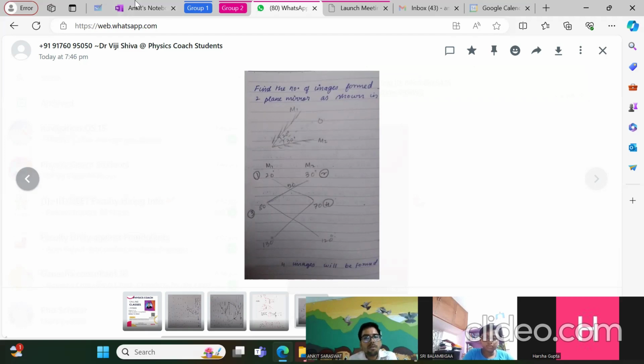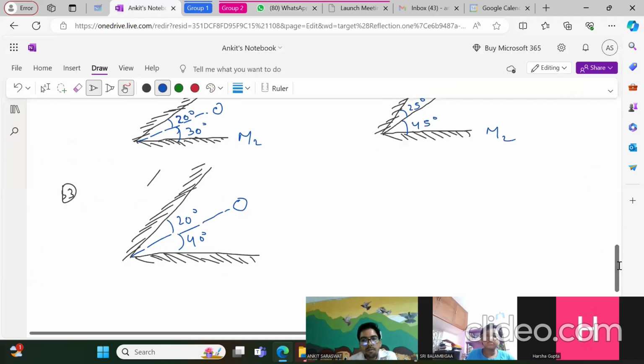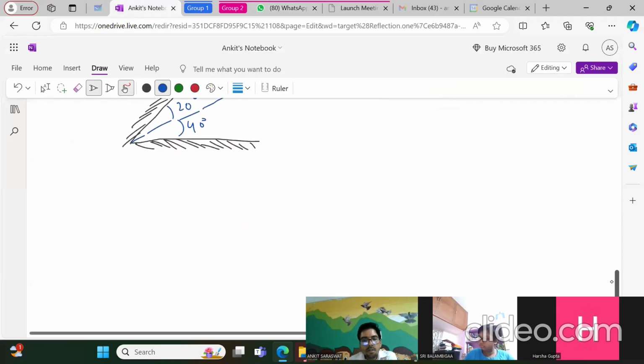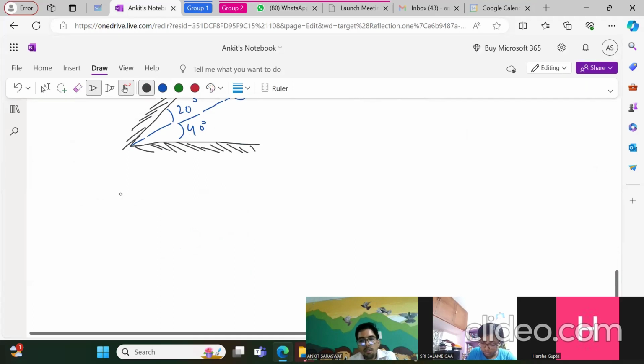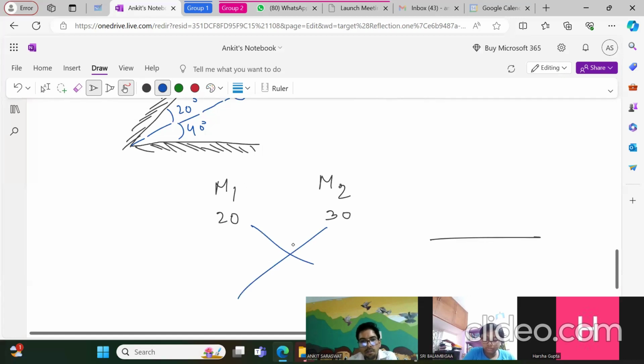Okay, I will show you. What is the question? How many images? M1, M2. Tell me the values. 20 degrees and 30 degrees. Take the criss-cross. 50.